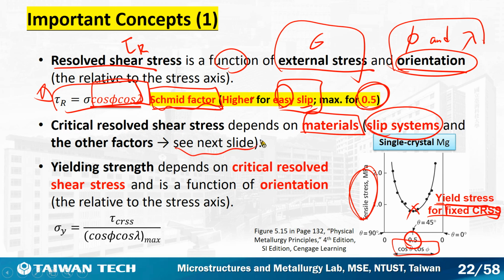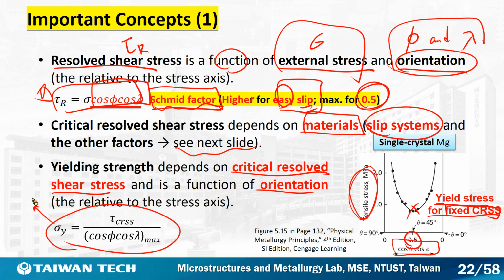And also for the yield strength, this is a material property, a mechanical property. It will depend on the critical resolved shear stress and orientation. But how to see that? This one.